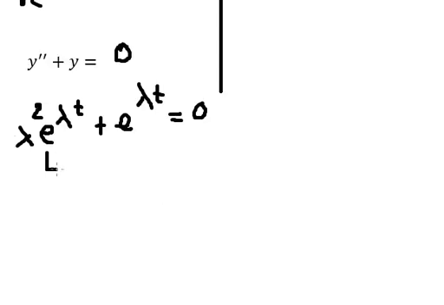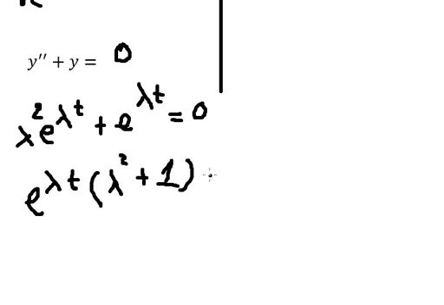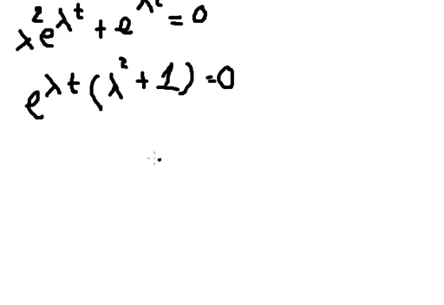We can factorize e to the power of lambda t, so we have lambda squared plus 1 equals 0. And now we need to find the solution.